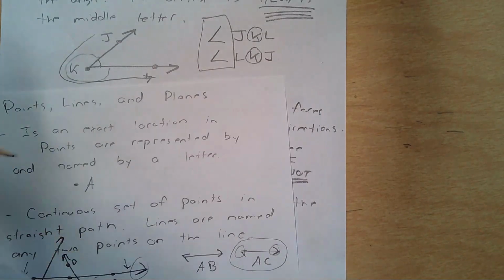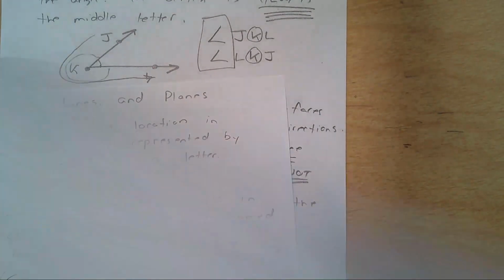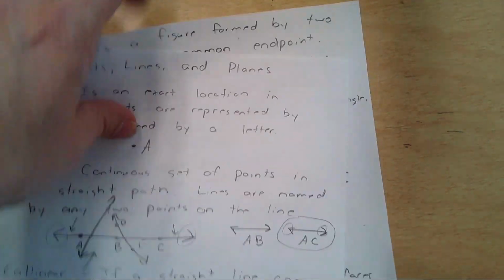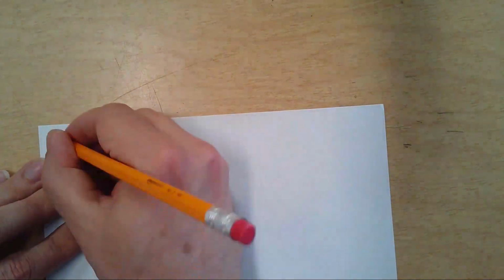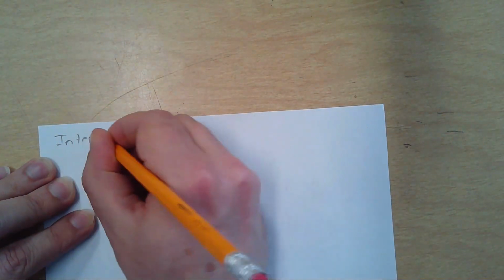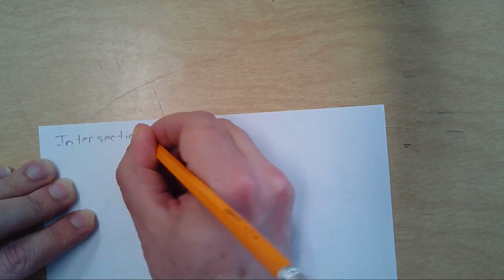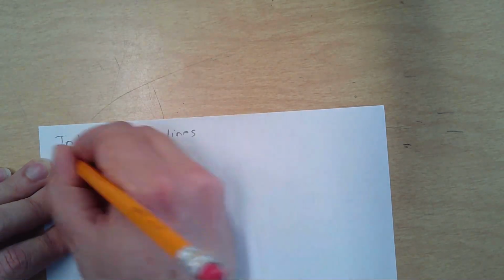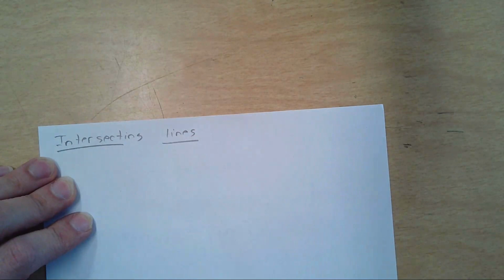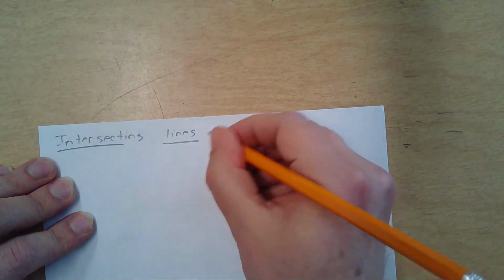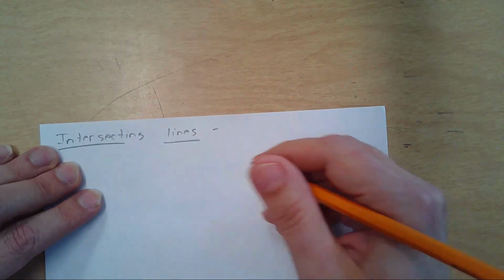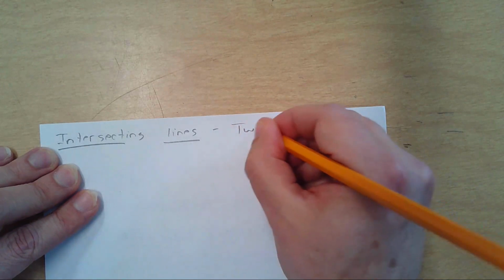Okay, continuing on. We are not done. Intersecting lines. For our purposes here, we're going to go with 2 lines.